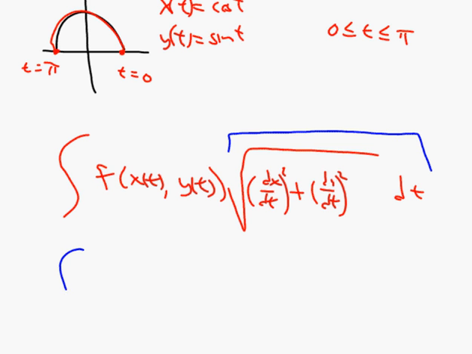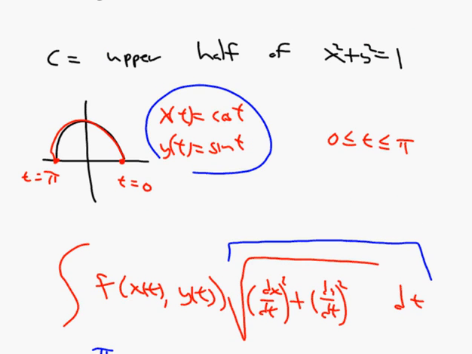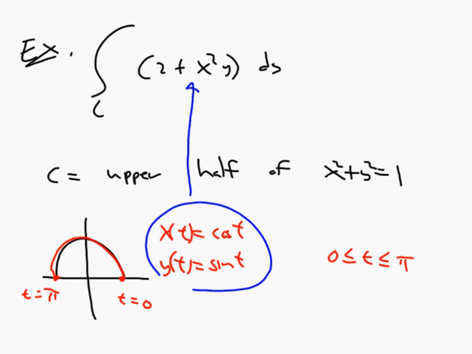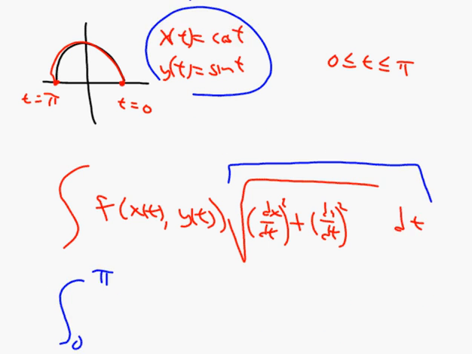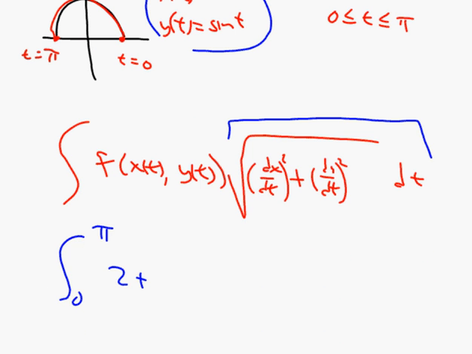All right, so our integral now is going to go from 0 to pi instead, because those are the values of a and b that correspond to the beginning and end of the path we're moving on. And then f of x of t, y of t means you're going to take these parameterized things here and sub them into there. That's what that means. So it's going to become 2 plus the cosine of t quantity squared times the sine of t.